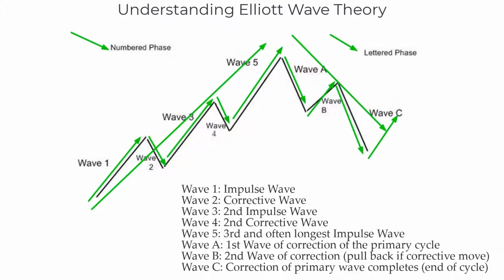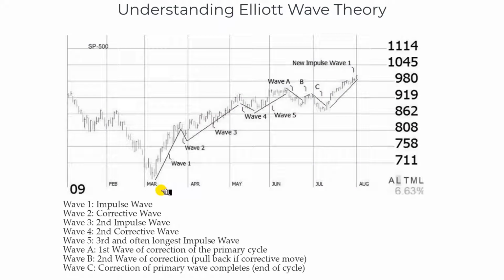Let's take a look at the next chart to see how to apply basic Elliott wave principles to the S&P 500 move in mid-2009. This chart takes us from the March 2009 bottom, which could be construed as essentially the first leg in the new bull market, the first primary wave. So here you can see that pattern is very clear.